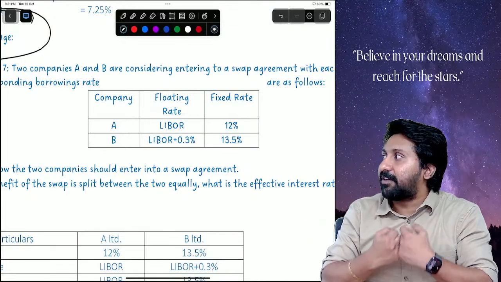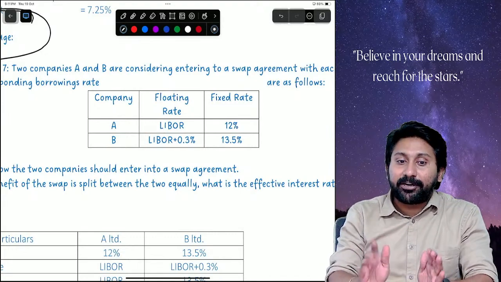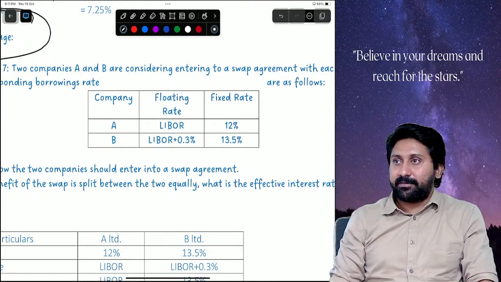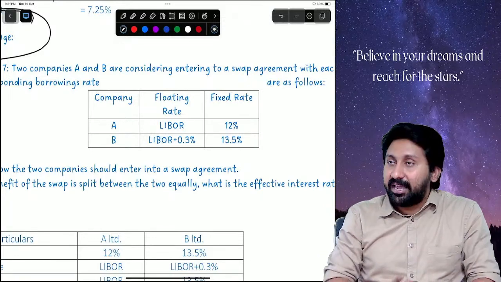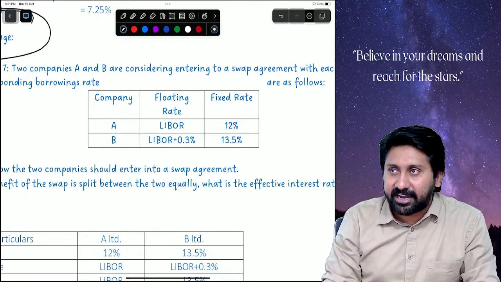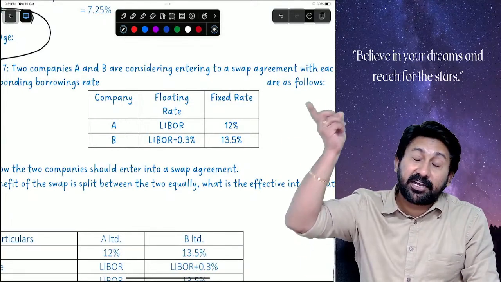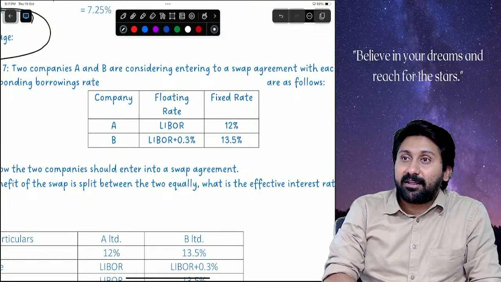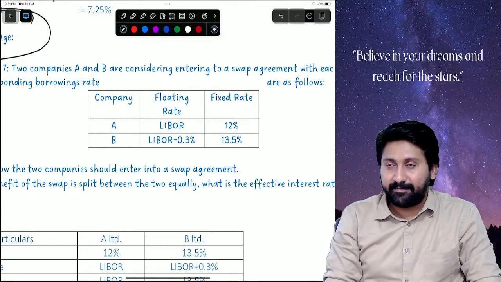Uncertainty is there in fixed or floating? Floating. Therefore, A wanted to take floating, the original position. Now tell me, who is in a less risk category? A. Therefore, A wanted to take a risk in interest rates at least. So A will take which loan originally? Floating, means Libor plus 0.3. For whom? A.